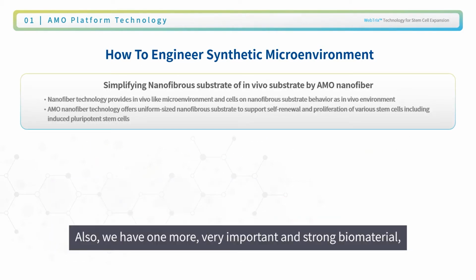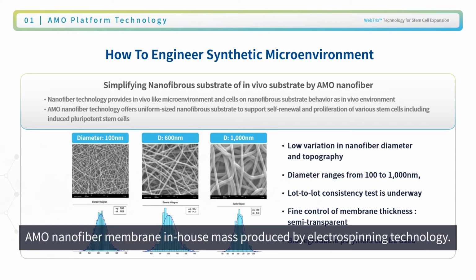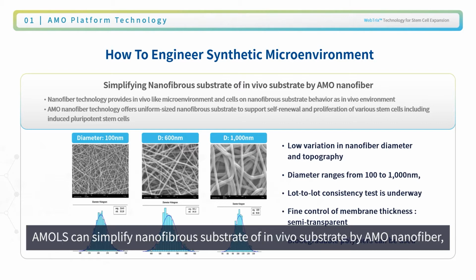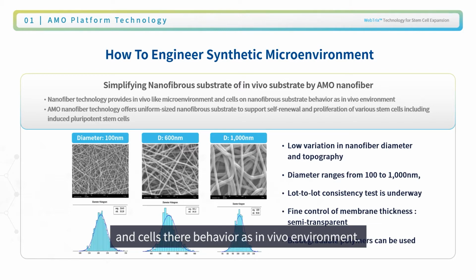Also, we have one more, very important and strong biomaterial, AMO nanofiber membrane in-house mass-produced by electrospinning technology. AMOLs can simplify nanofibrous substrate of in vivo substrate by AMO nanofiber. It means we can provide in vivo-like microenvironment and cells their behavior as in vivo environment.